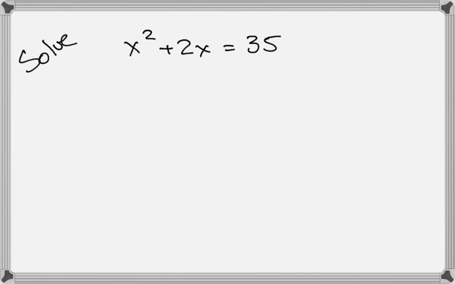The very first step is you got to set it equal to 0. The 35 has got to go to the other side, which gives you x squared plus 2x minus 35 equals 0.